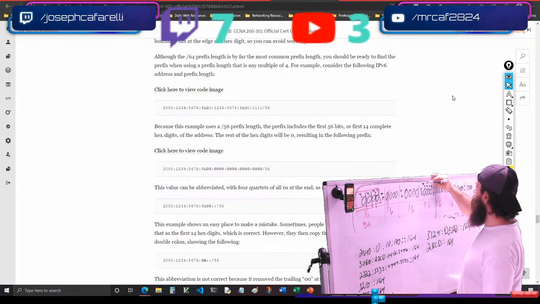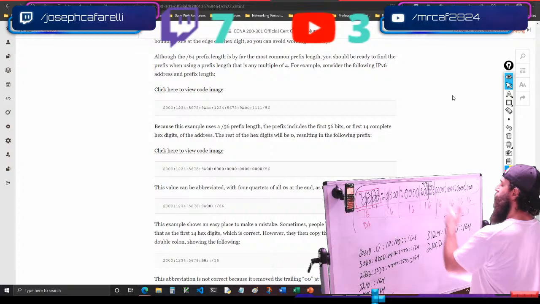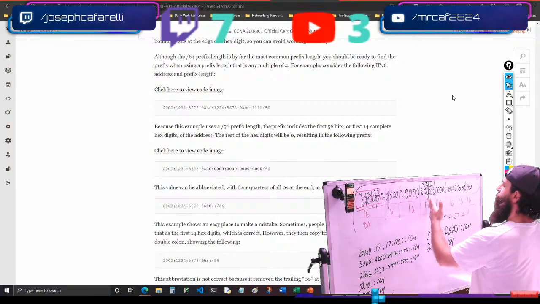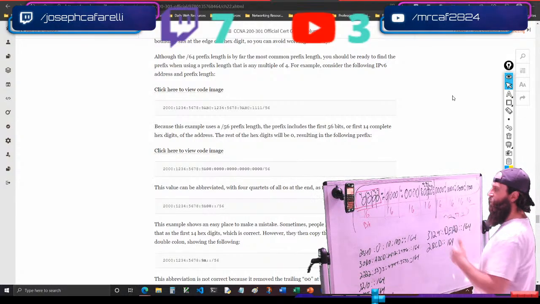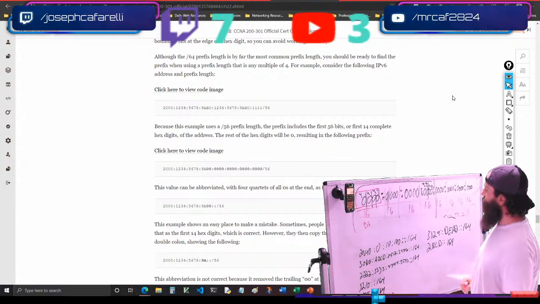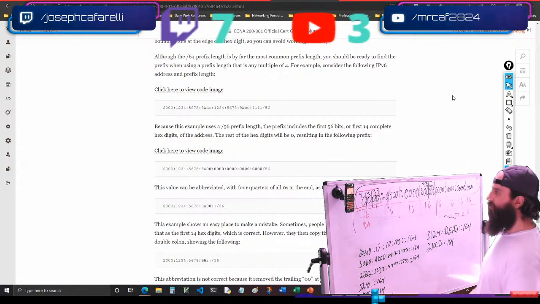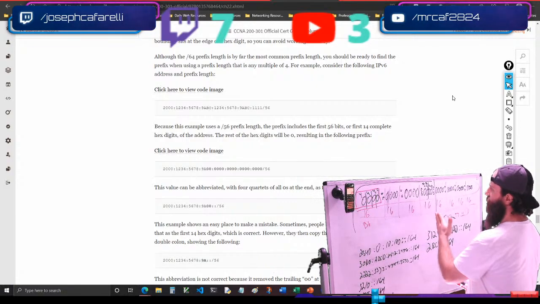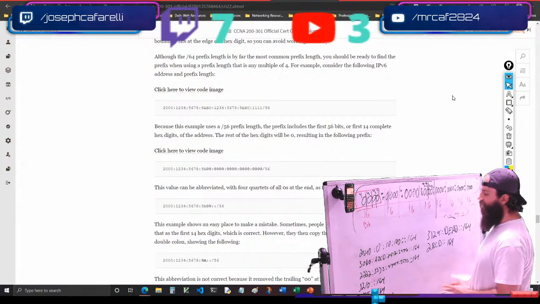And then this digit right here gets us to 56. So halfway through that fourth quartet, that's where the prefix 56 lives. That's how we're finding that prefix length within our quartets here.